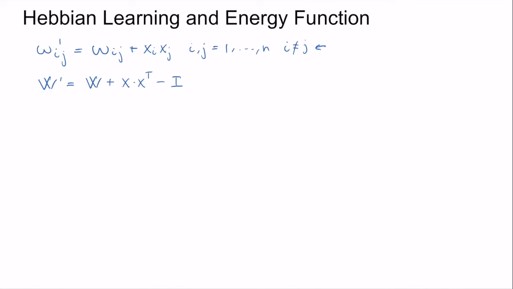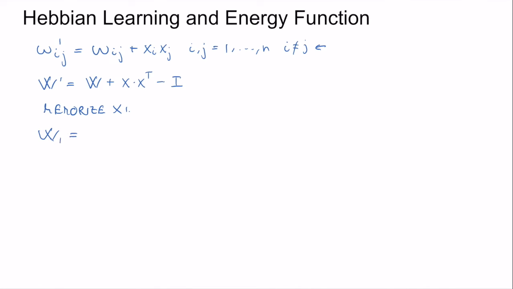The energy, say, at 0. So let's first memorize one input. So we can memorize x1. And the way we're going to do so is by updating our matrix of weights.